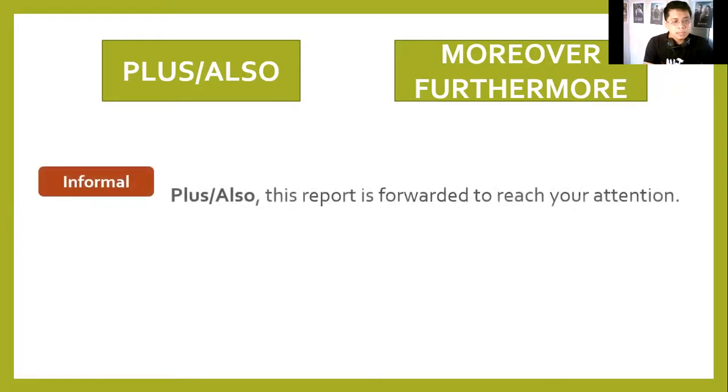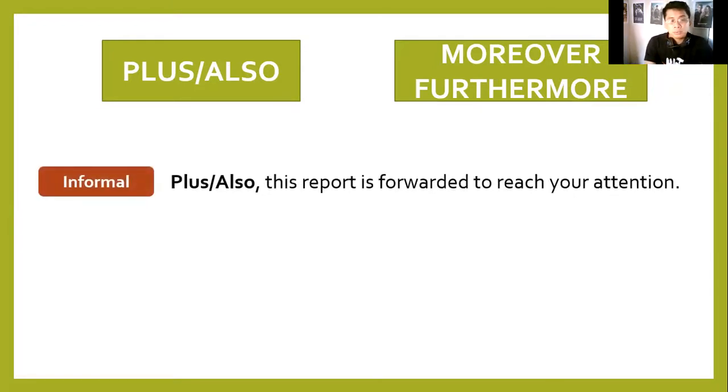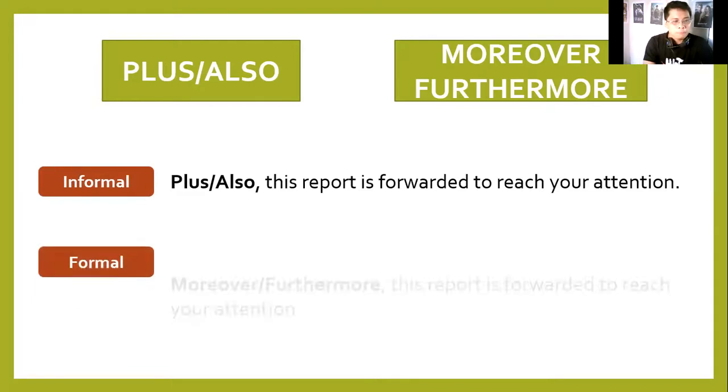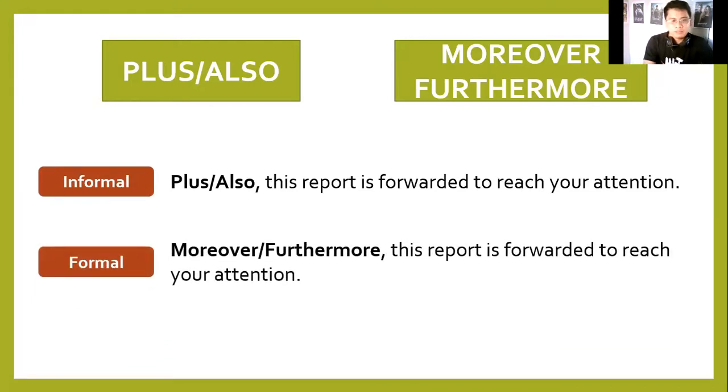So let's say for example, plus this report is forwarded to your attention, or also this report is forwarded to reach your attention. So instead of using plus and also, we use moreover, this report is forwarded to reach your attention, or furthermore, this report is forwarded to reach your attention.